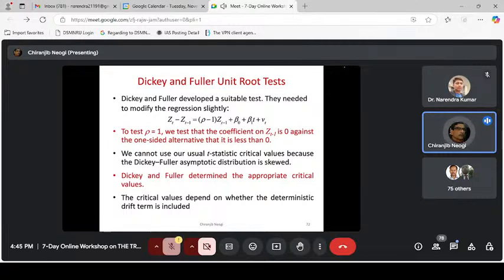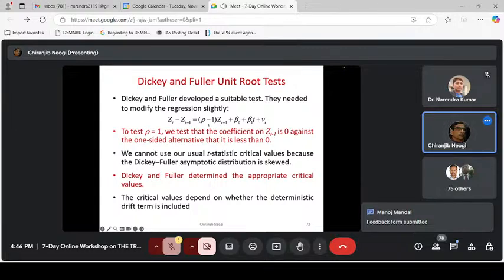Now to test rho is equal to 1, what will the coefficient be? If rho is equal to 1, the coefficient of zt minus 1 will be 0.